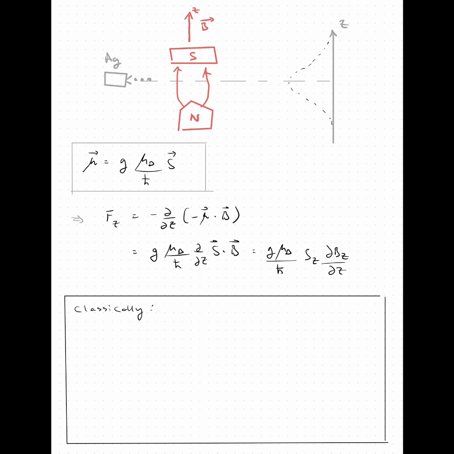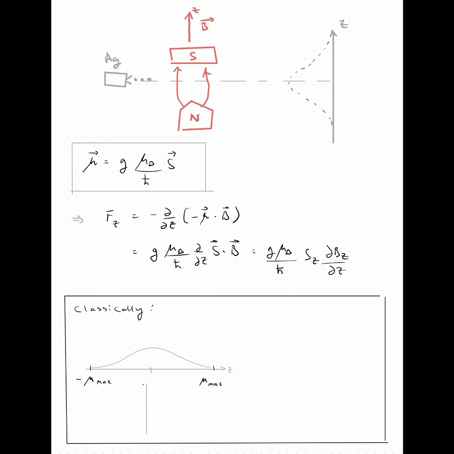So classically, what we kind of expect is something looking like this, with a distribution kind of spread like that along the z direction, with say some maximum value for mu on one tail and the negative maximum value on the other tail.